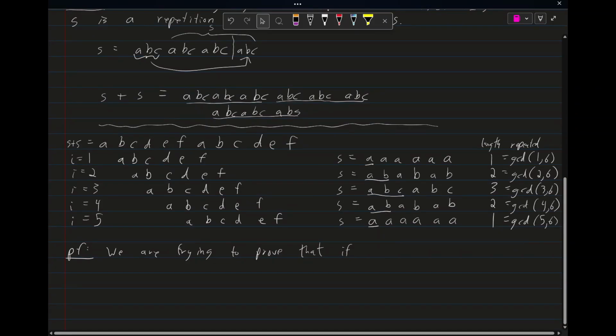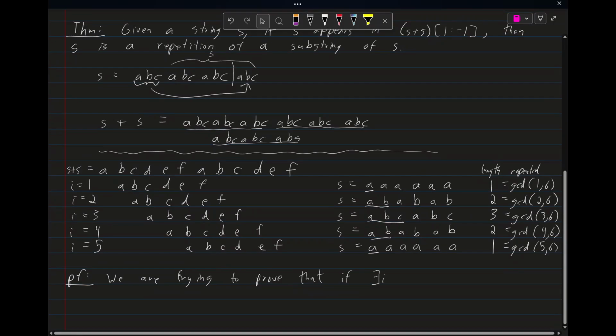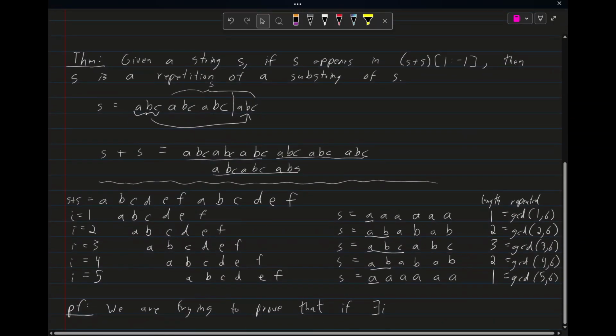Okay, so saying that S appears in the interior of S doubled means that there is some index I that you can offset.